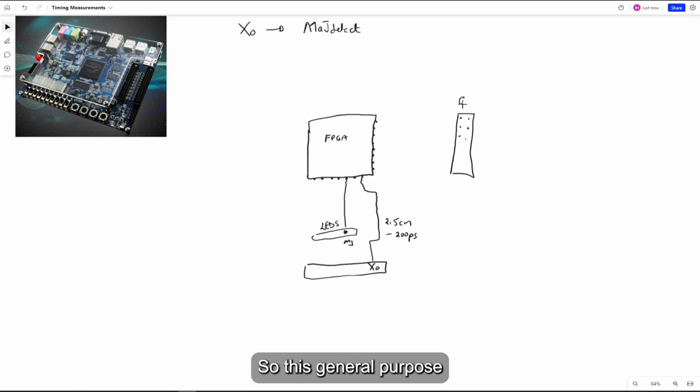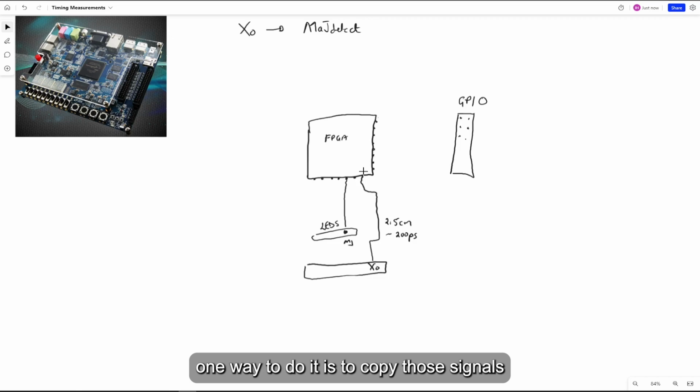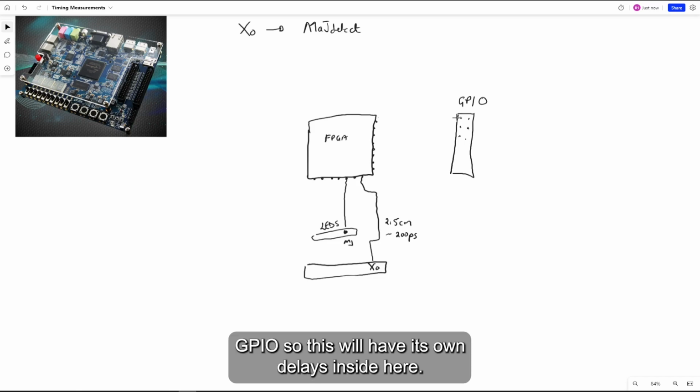So this is our general purpose input output. One way to do it is to copy those signals and send them to our output headers, GPIO out.